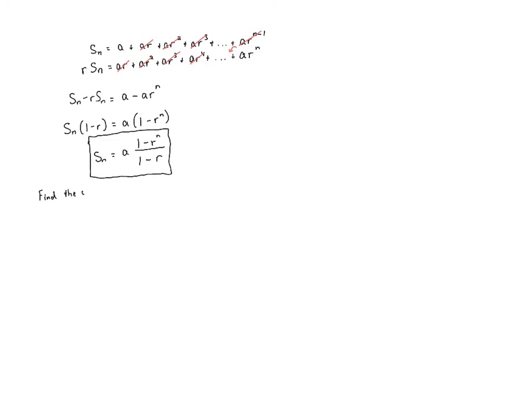Let's find the sum of the first 5 terms of the geometric sequence 1, 0.7, 0.49, 0.343, etc. So we're told that this is a geometric sequence.